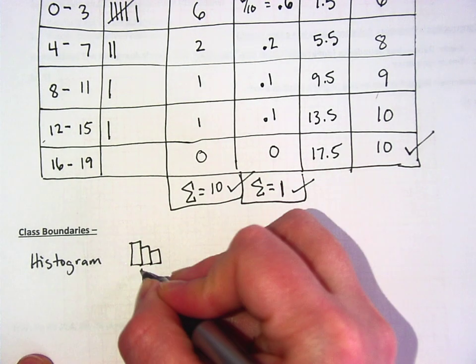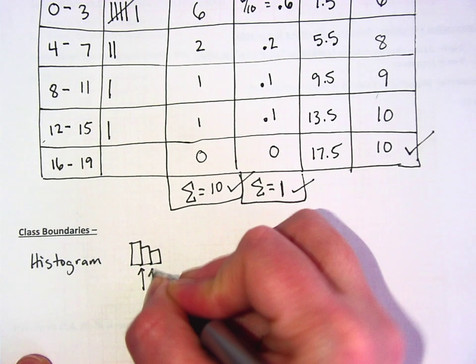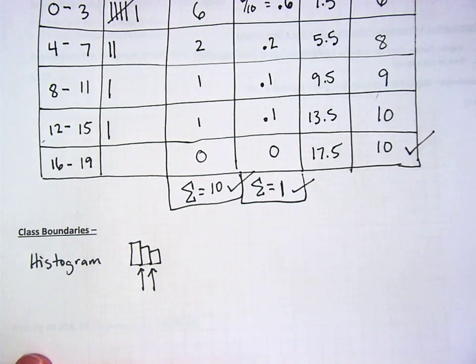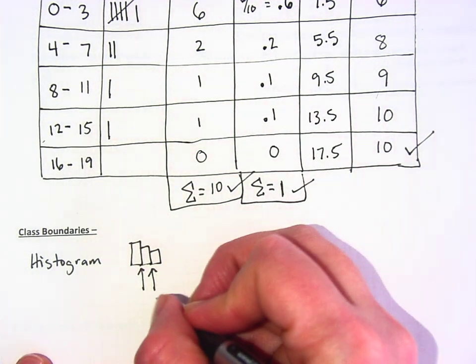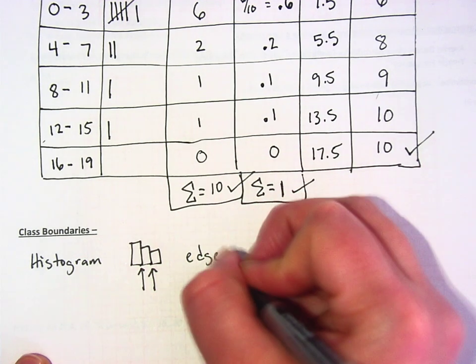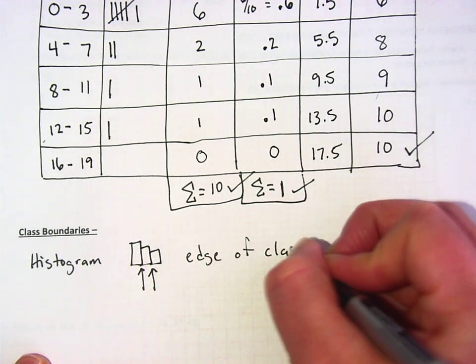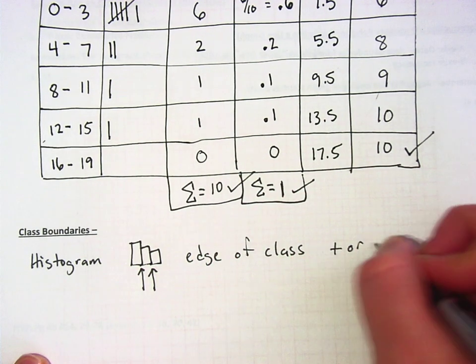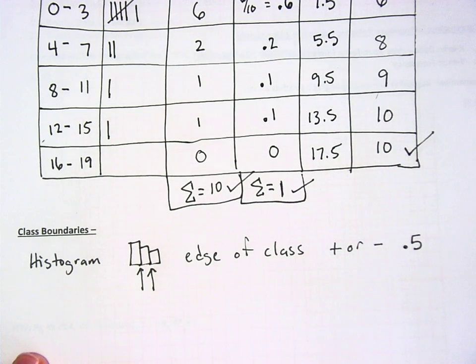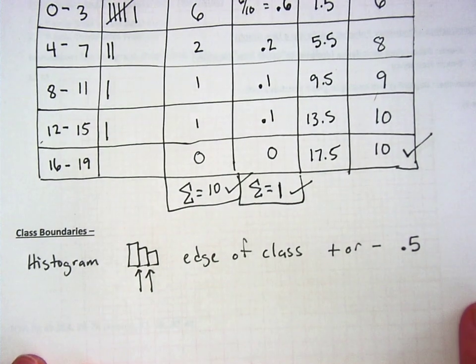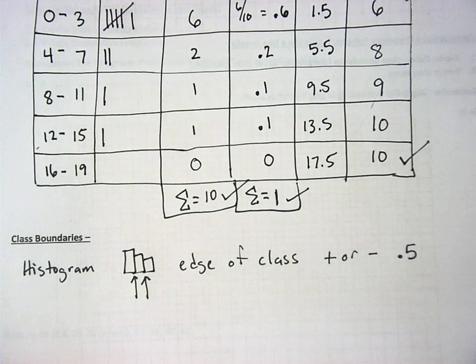And so to figure out what point you should label between those two, you take the edge of the class, and either add or subtract 0.5 to kind of put them together. And I'll explain that once we get into an example.